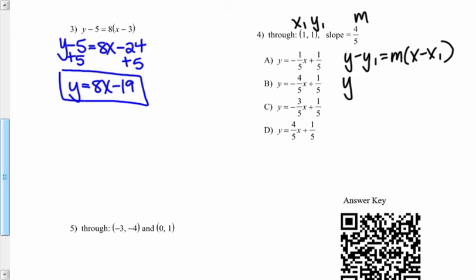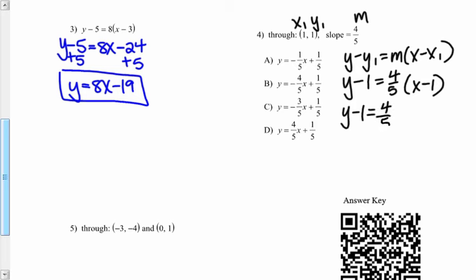So y minus y1, which would be y minus 1, equals 4/5 times x minus x1, which again would be 1.